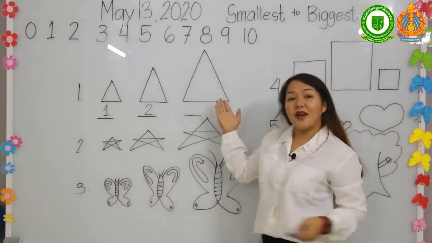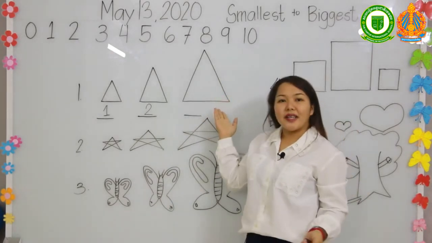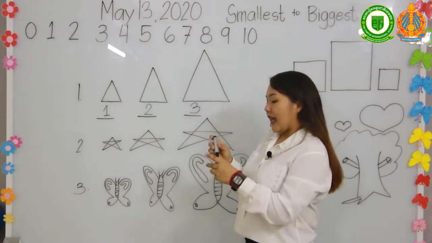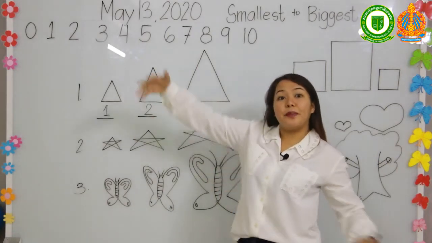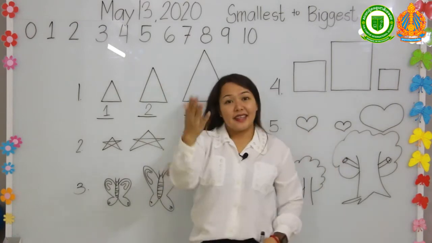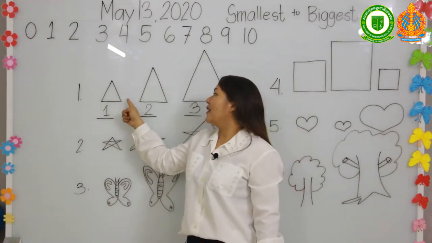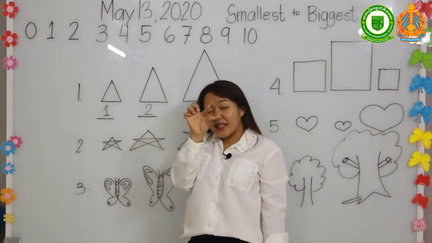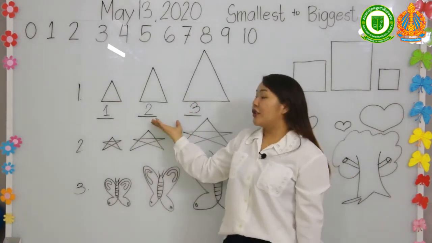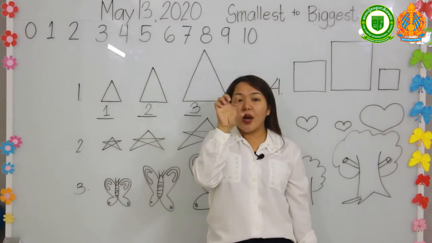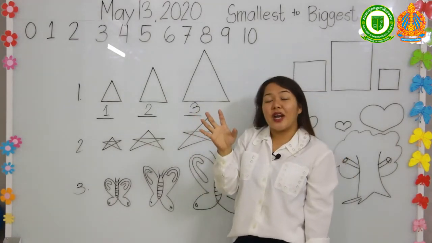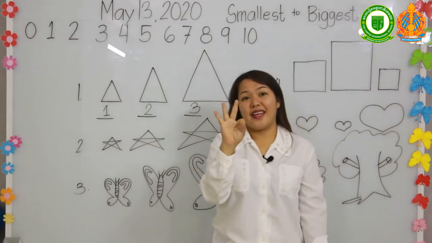There's only one triangle left, so this is number 3, the biggest. Again, review. Number 1 for the smallest triangle, number 2 for the triangle in the middle, and number 3 for the biggest triangle.